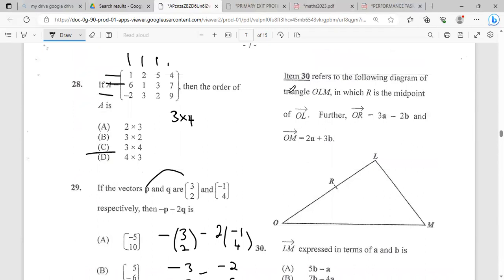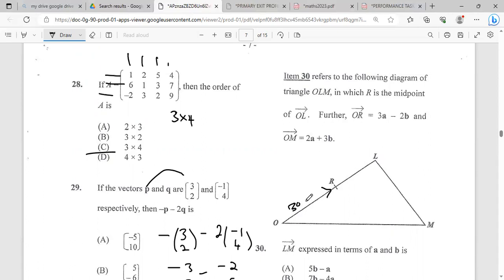Item 30 refers to the following diagram of the triangle OLM, in which R is the midpoint. So R is the midpoint of OL, yeah. So we know that it's going in this direction. That's always important, right? Further, OR, so from O to R, is 3A minus 2B.